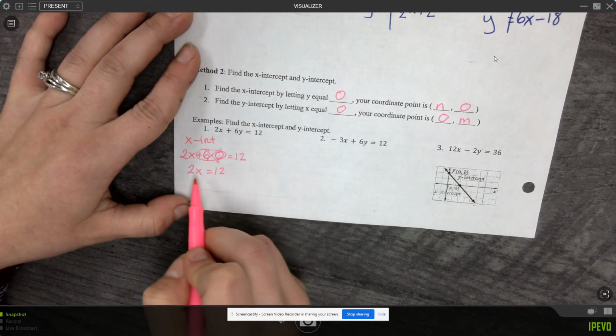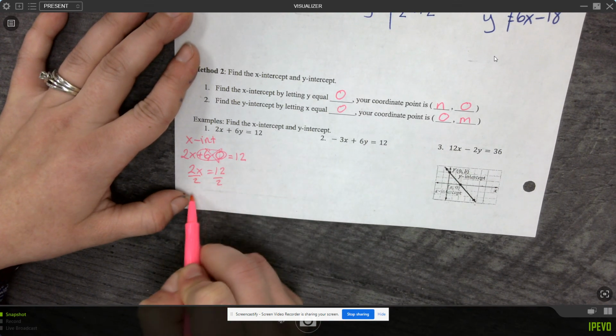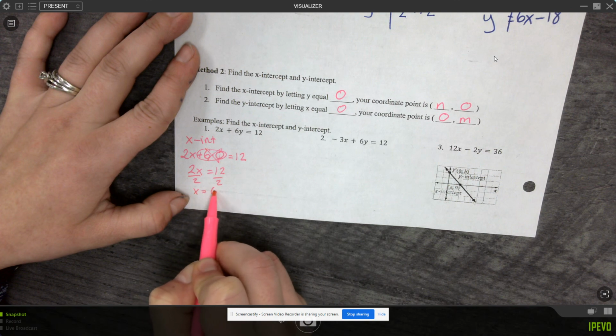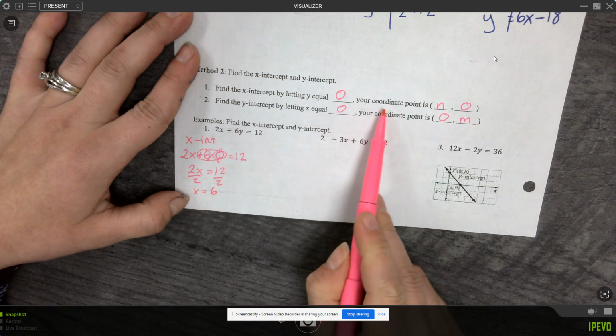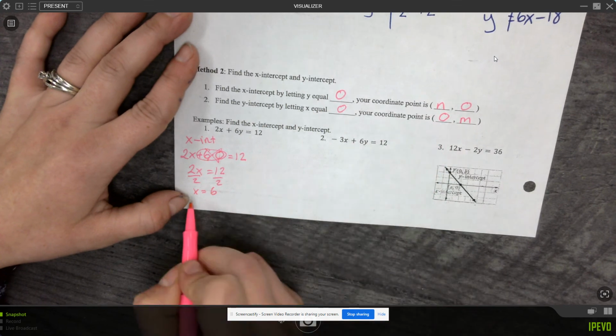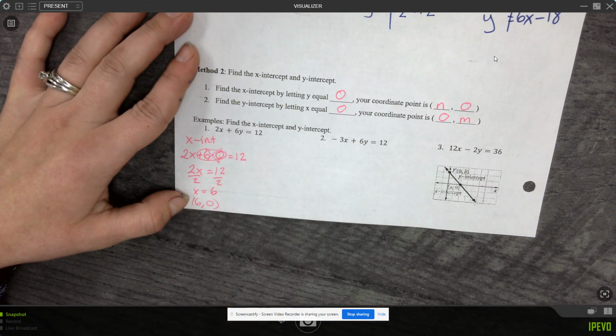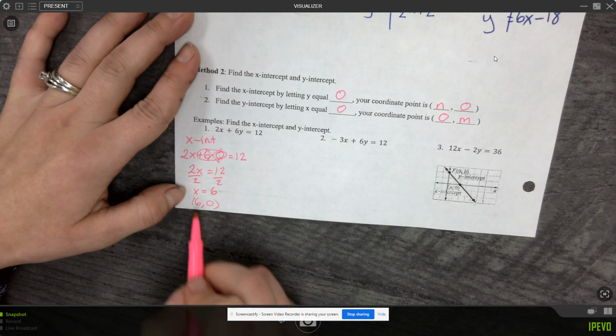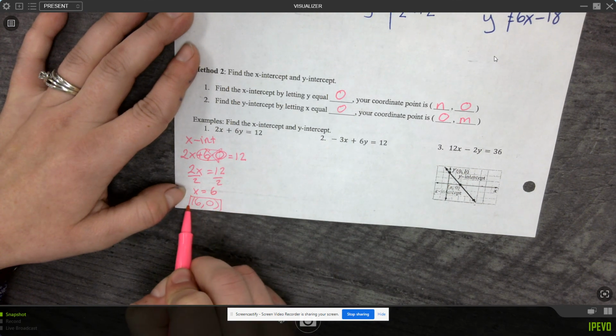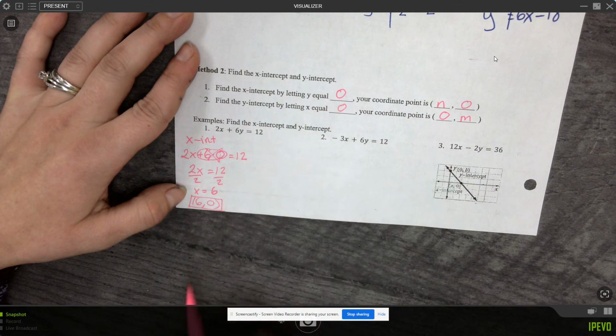If 2x equals 12, I'm going to divide by 2 to get x equals 6. So my coordinate point is going to be the number I just found, comma 0, because I plug 0 in for y. That is my first answer. My x-intercept is 6, 0.